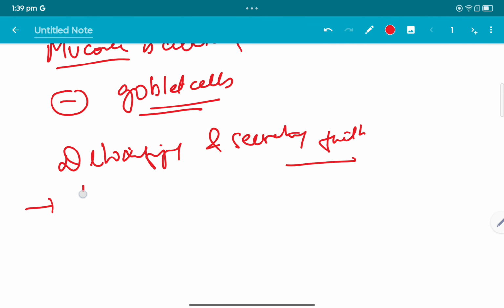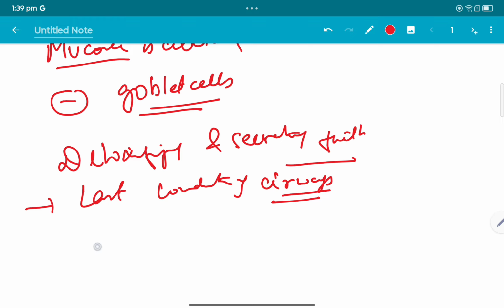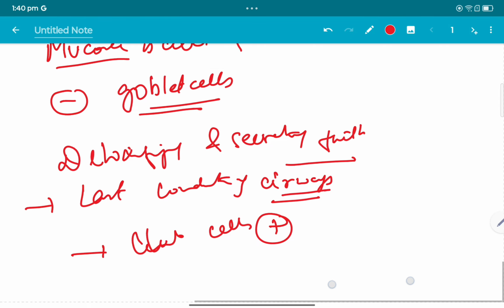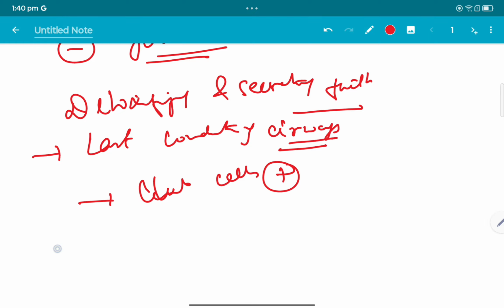These bronchioles are the last conducting airways, so they receive a lot of air. In bronchioles, club cells are present in place of goblet cells, and the most important feature of the bronchiole is that the smooth muscle layer is very well developed.